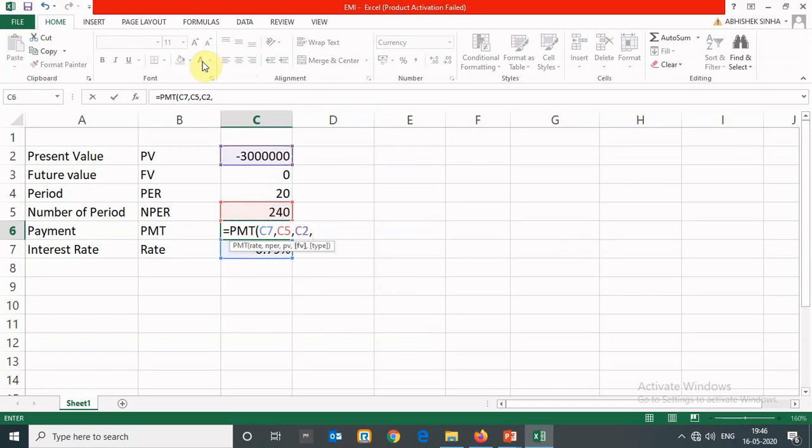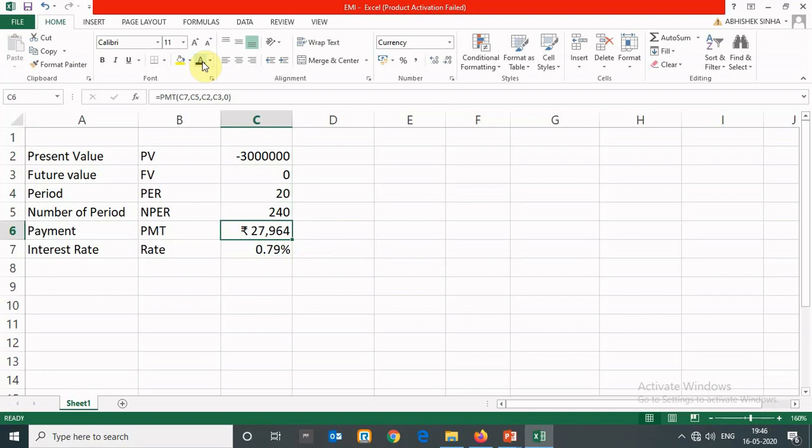Then future value is definitely 0. Then type is generally 0. When we enter, we get 27964. What does it mean? It means that for a 30 lakh loan at the rate of 9.5% interest, the EMI will be 27964. So is it correct or not?